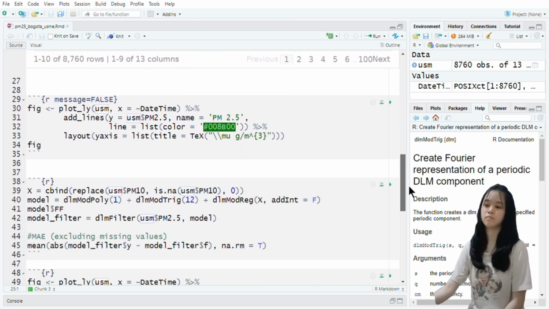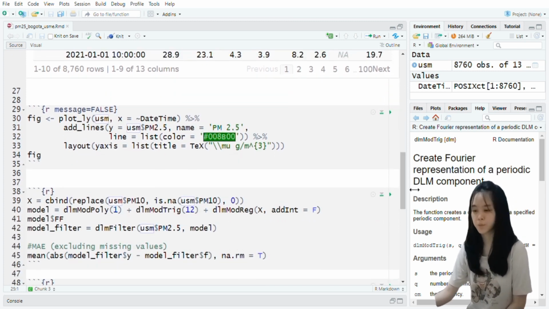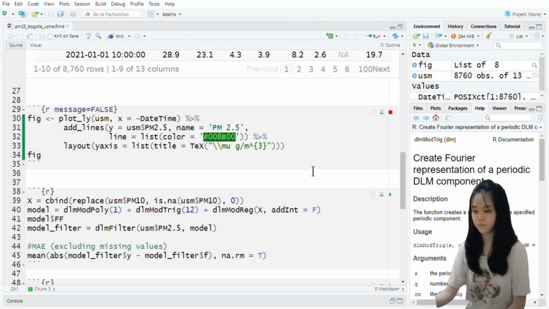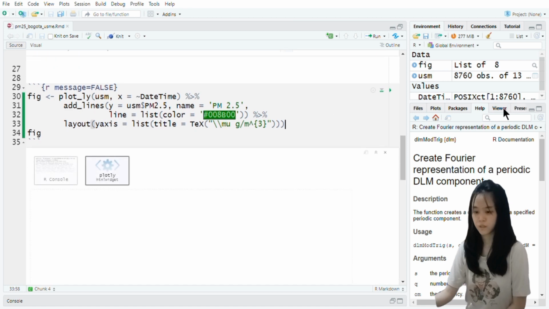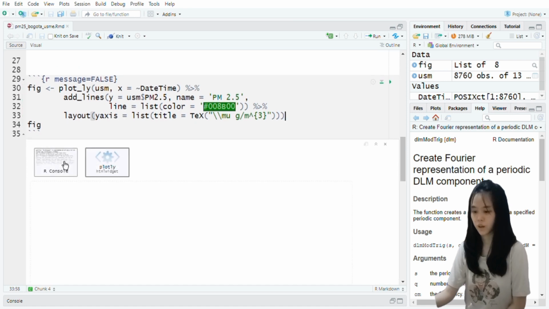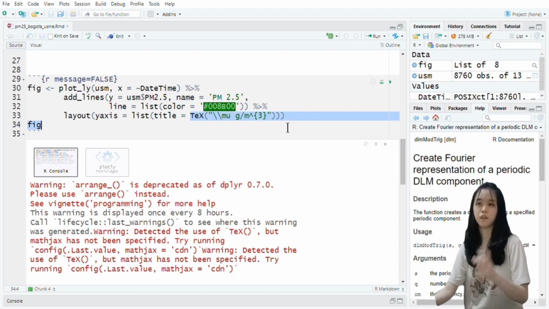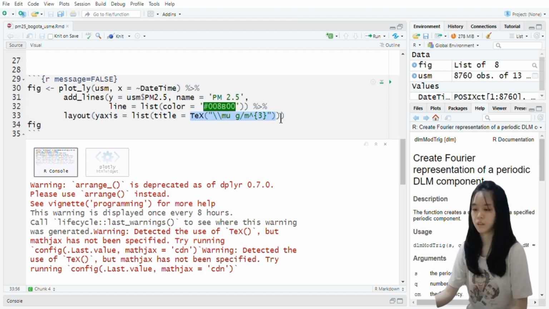Now let's make a time plot for PM2.5 since it is our focus. This is the code I'm using with Plotly. I have a warning only because I want to show you the y-axis label clearly, and I need to use LaTeX for that.